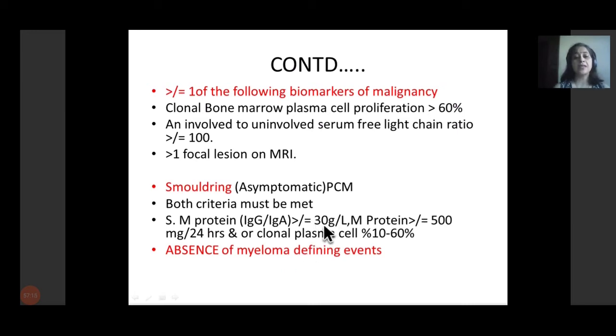So it is important to assess the M protein quantification and the quality, that is which one is there.